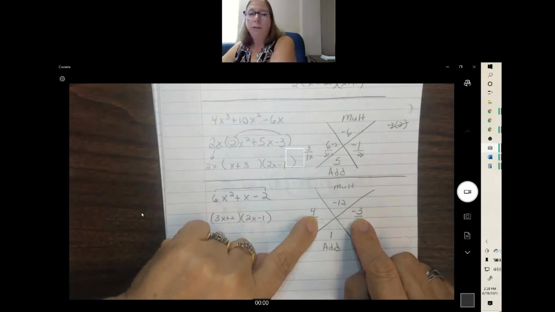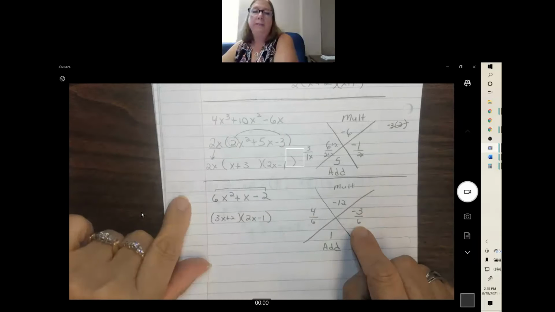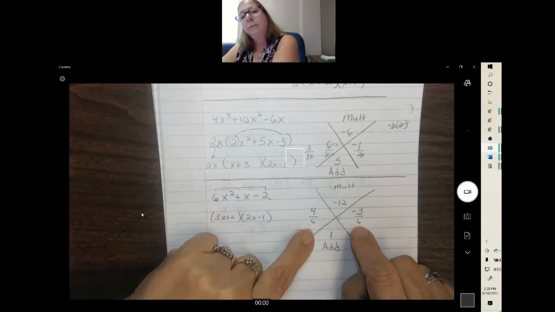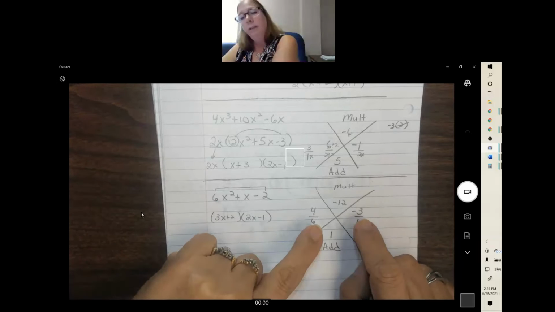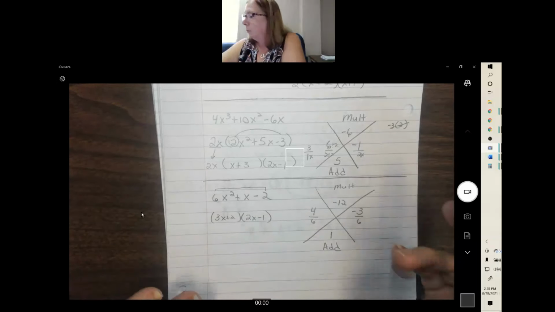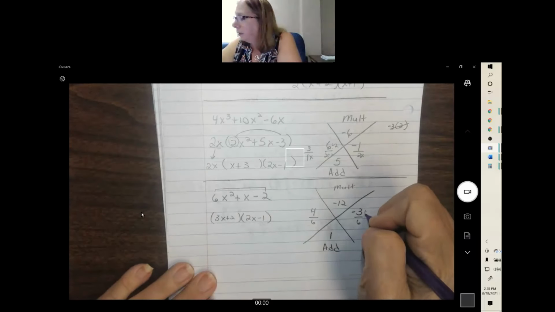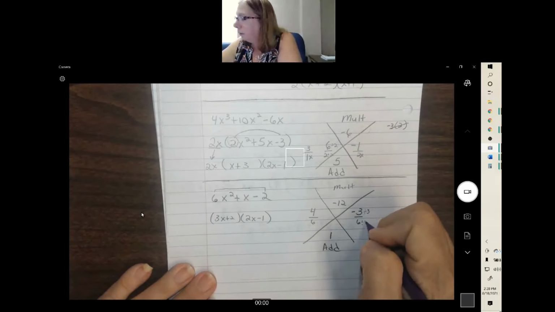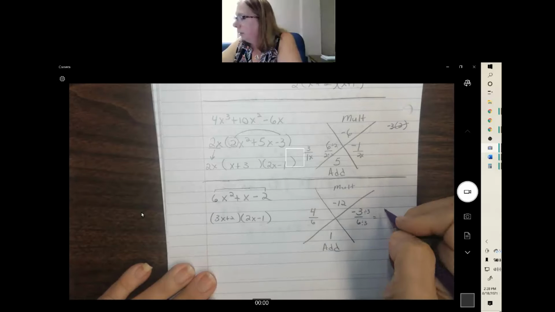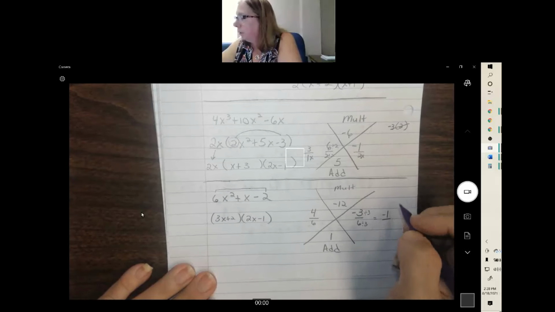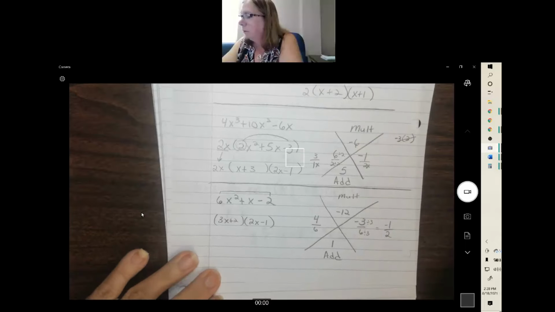Any questions so far? Then you want to divide by the leading value, which in this case was a 6. In this case, both reduced. This one reduced by 3, and I got a negative 1 over 2.